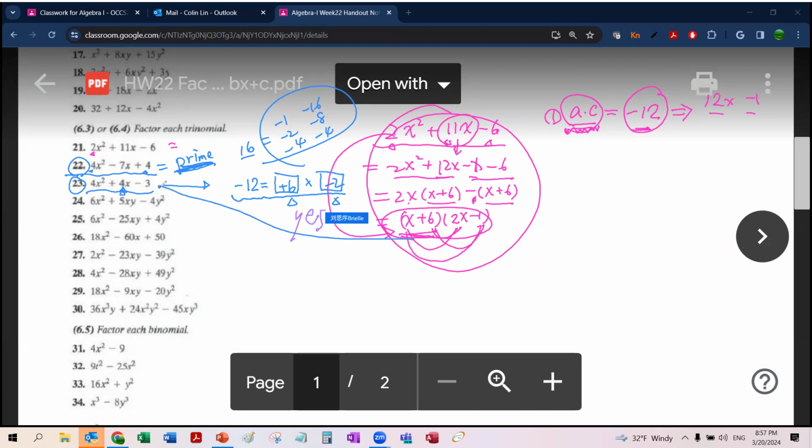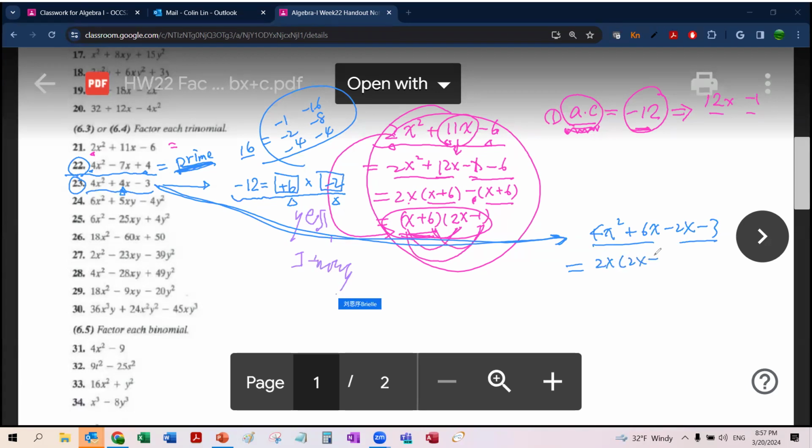So it means, let's see, 4x squared breaking down into 6x minus 2x, minus 3. All right, see here. So you can group factor now, right? You can take 2x out, 2x plus 3, and minus here, 2x plus 3. All right, so it became 2x plus 3, take this part, and 2x minus 1.